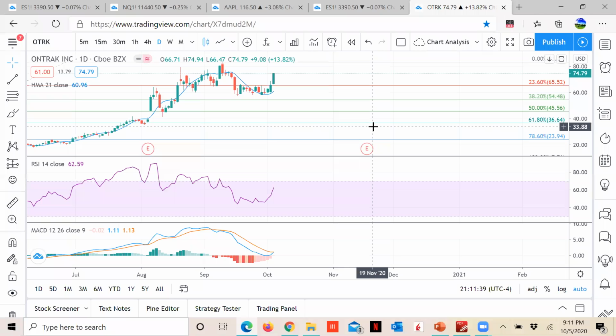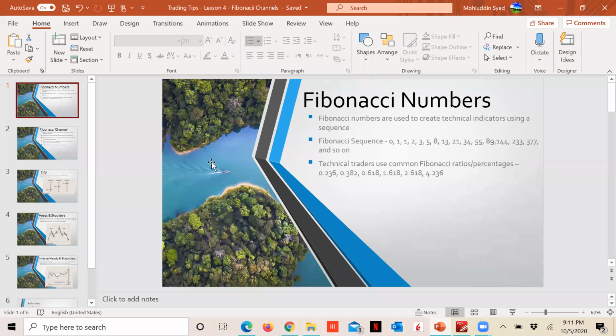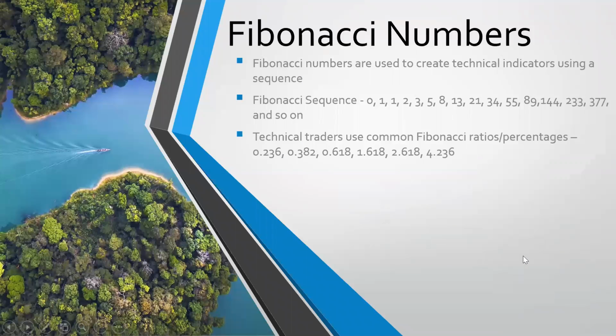All right, so starting with the fourth session of technical analysis. Last time we covered the Fibonacci numbers. Just to recap, Fibonacci numbers are used to create technical indicators using a sequence.